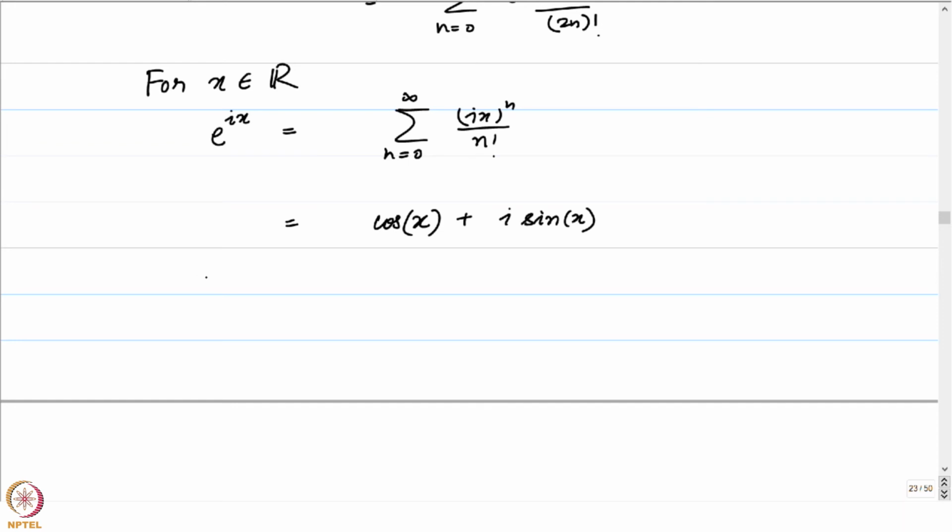So e to the power i theta, for theta in R, are points on the unit circle.